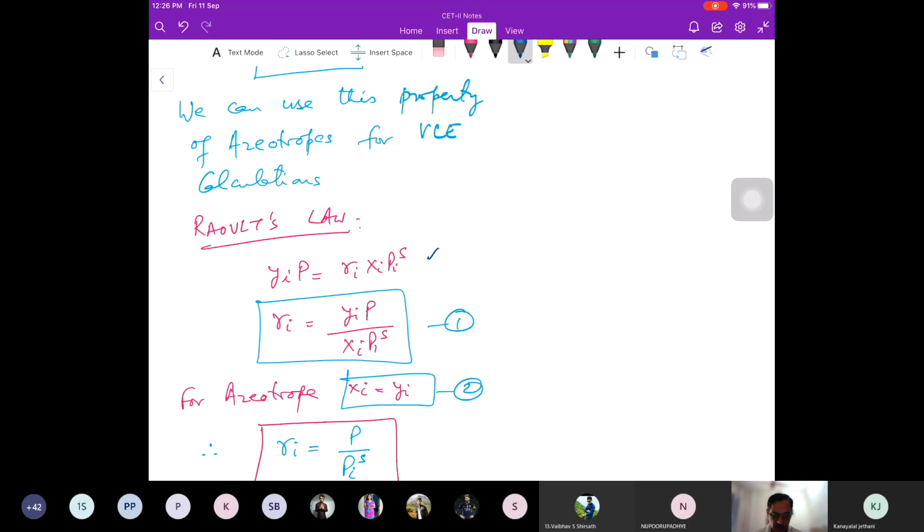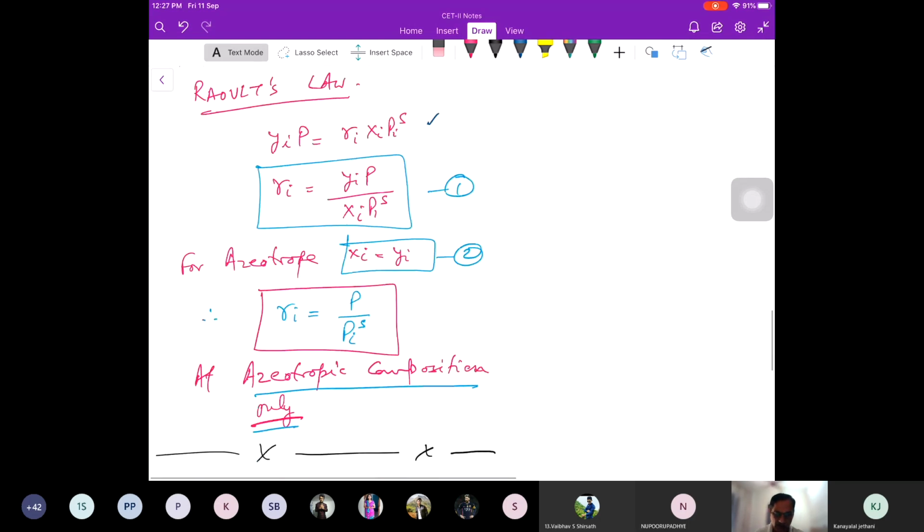And from here, gamma i is equal to yi into P upon xi Pis. And for azeotrope, xi equal to yi लिया तो gamma i is equal to P upon Pis at azeotropic composition only.